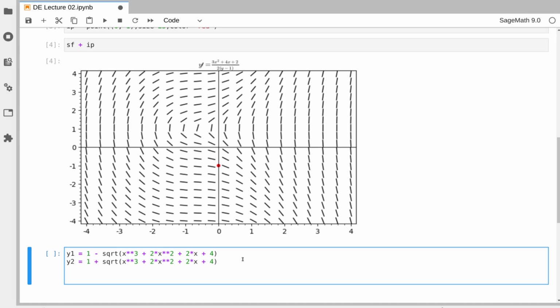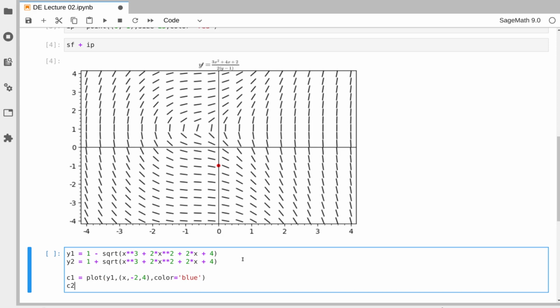So I'm going to plot both of these. Our domain is going to go from negative 2 to 4. Let's make this one blue. That's our actual solution.